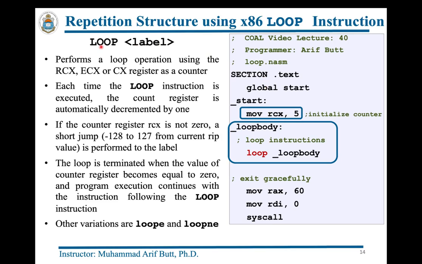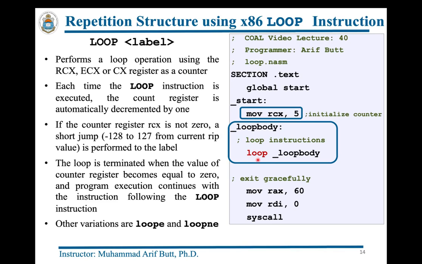This loop instruction performs a loop operation using the RCX register as the loop counter, and is used to perform a short jump only to this label, which is its only operand.